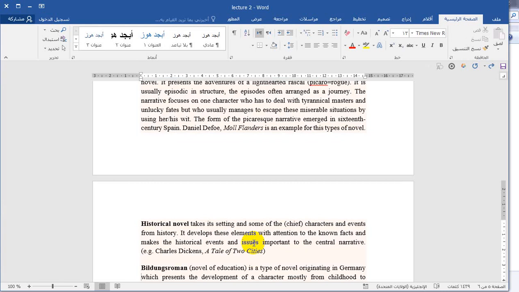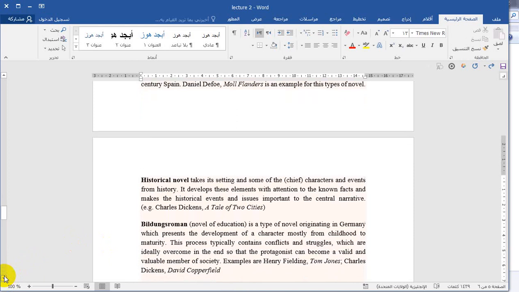So we have the characters and events, most of which are real, taken from history, and develops these elements with attention to the non-facts, and makes historical events and issues important to the central narrative. For example, Charles Dickens, A Tale of Two Cities. This is a historical novel.